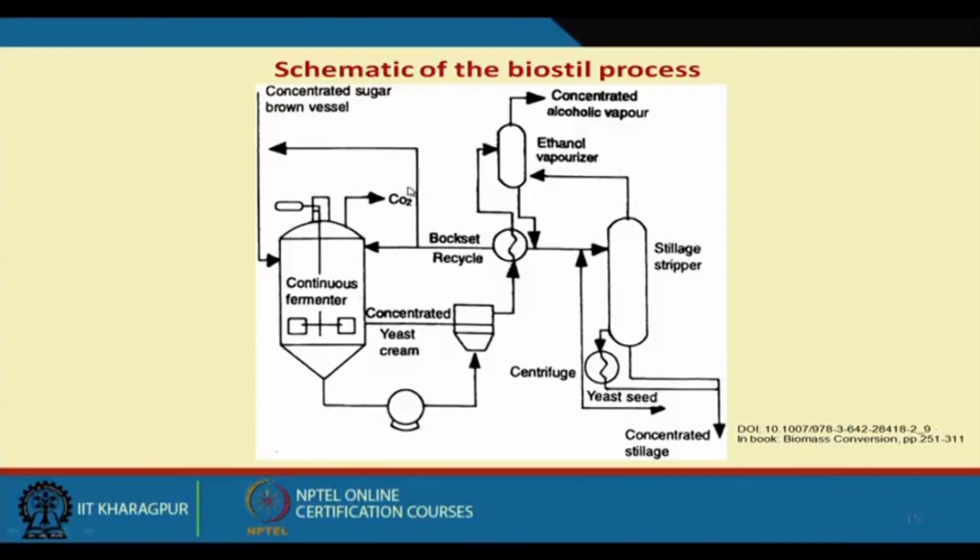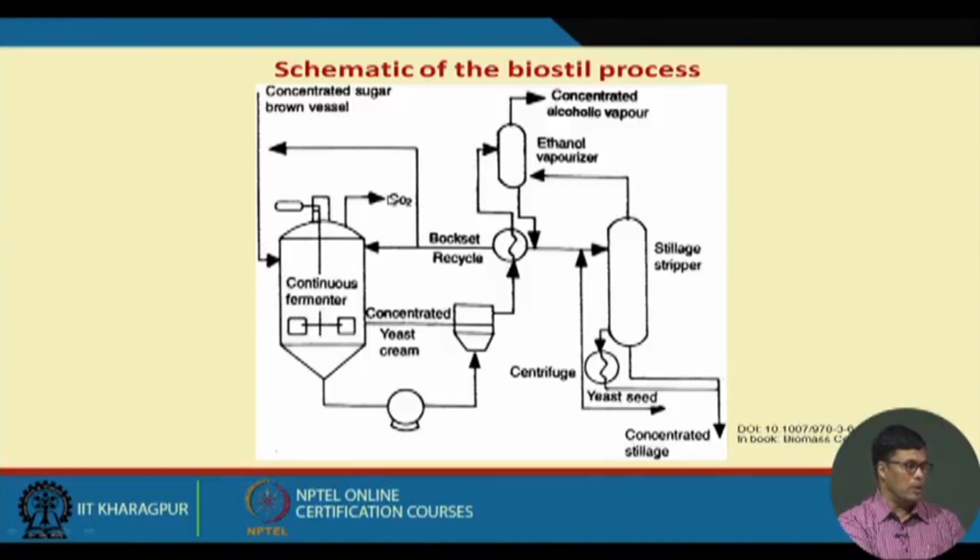Now schematically this can be explained like this. This is a continuous CSTR process. You can see this is the reactor and this is your sugar you are putting inside the system, and continuously it produces carbon dioxide, and then it passes through the centrifuge.